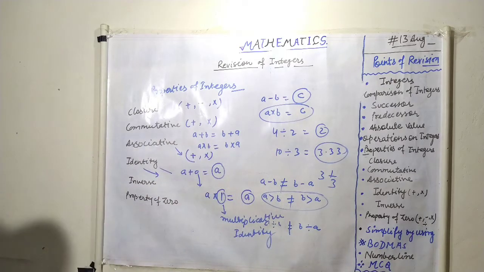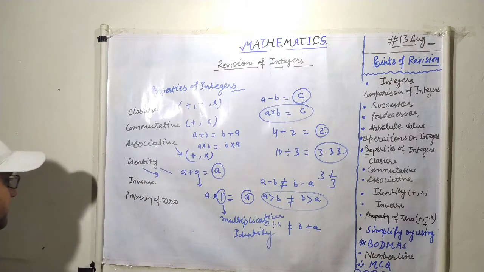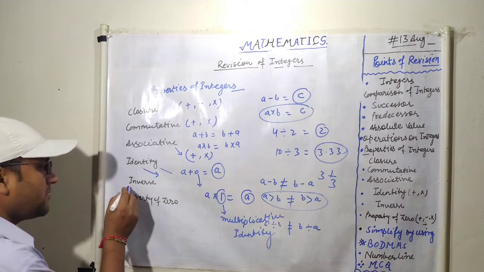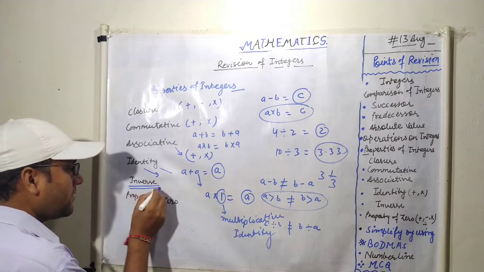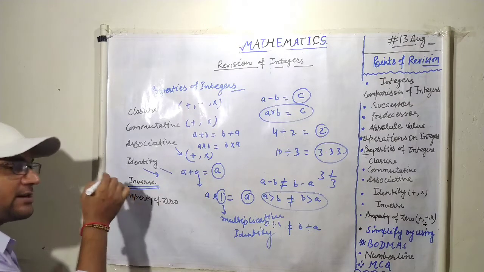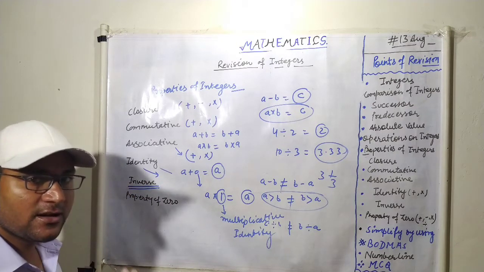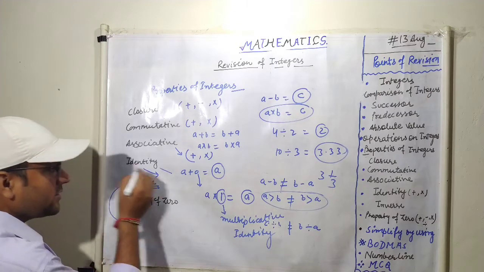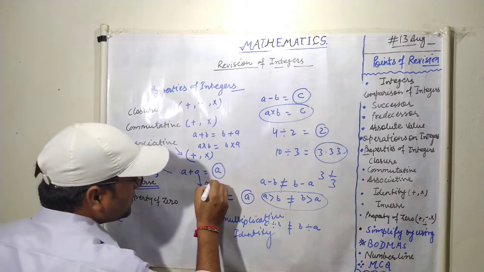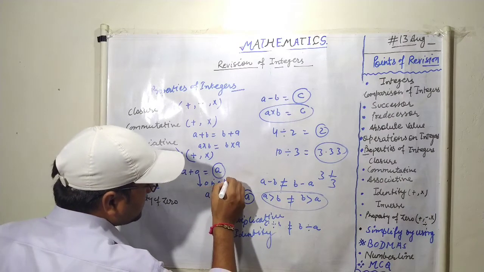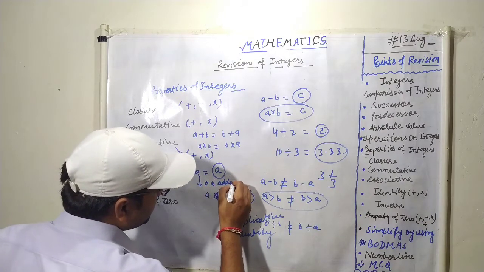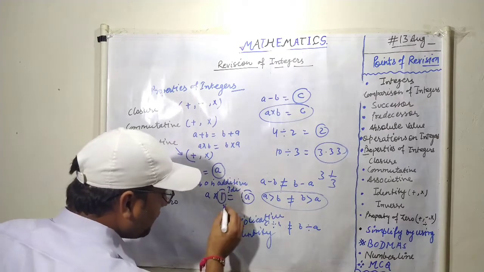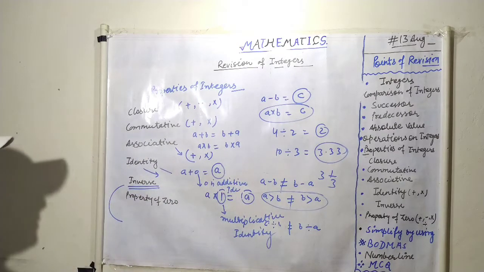Okay, students, and now for inverse. It is there for both addition and multiplication. Here 0 is called the additive identity, and 1 is called the multiplicative identity.